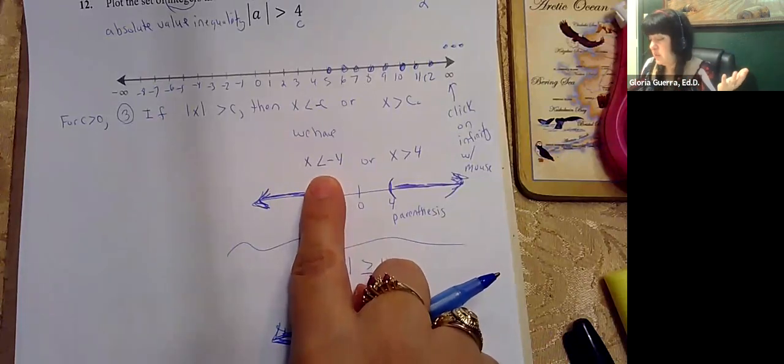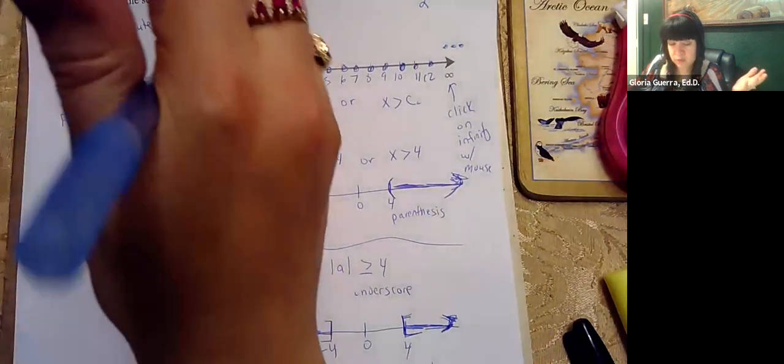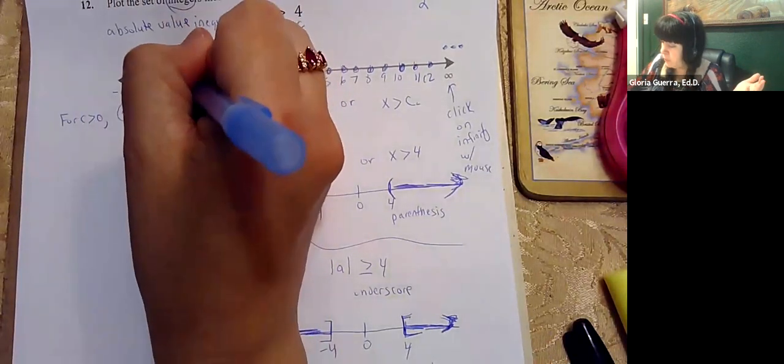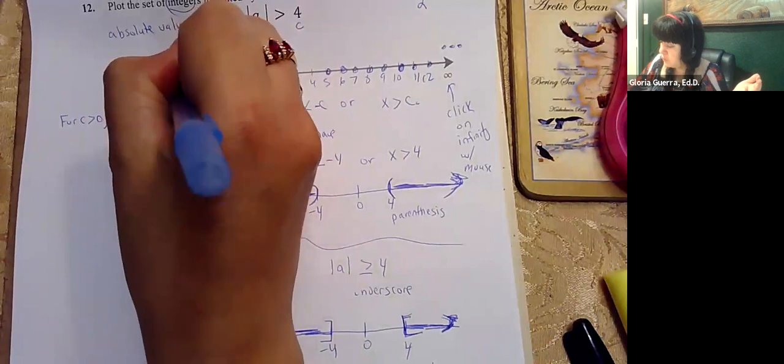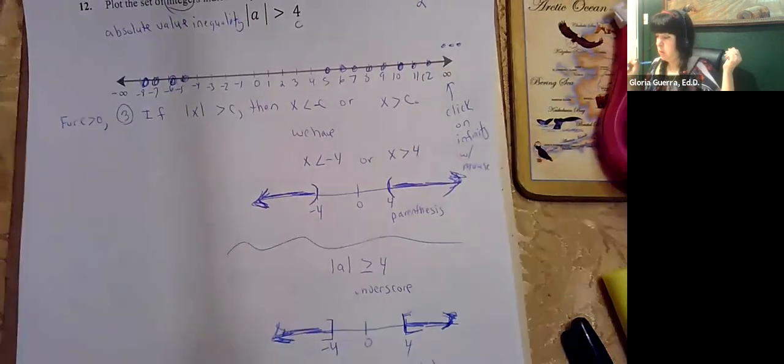X is less than negative 4. So here's negative 4, and we're looking at negative 5, negative 6, and so on and so on.